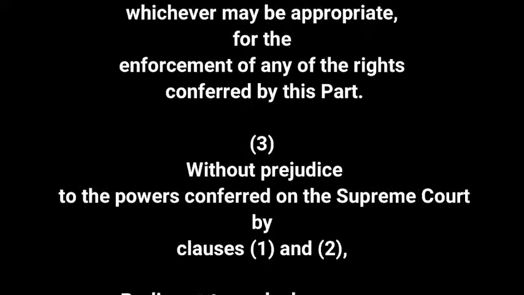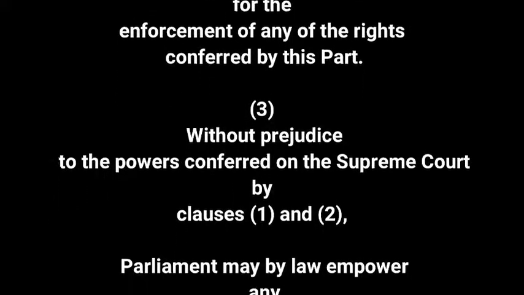The Supreme Court shall have power to issue directions or orders or writs, including writs in the nature of habeas corpus, mandamus, prohibition, quo warranto and certiorari, whichever may be appropriate, for the enforcement of any of the rights conferred by this part.